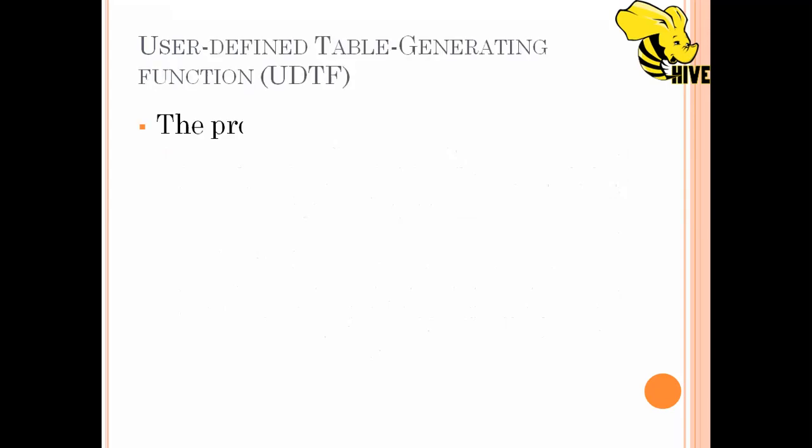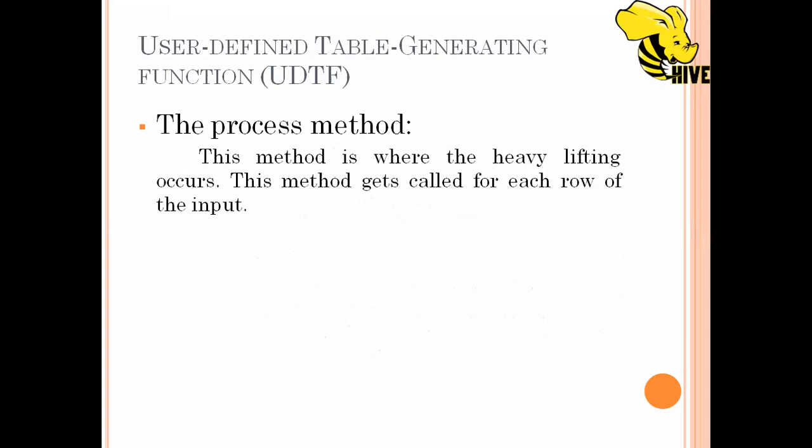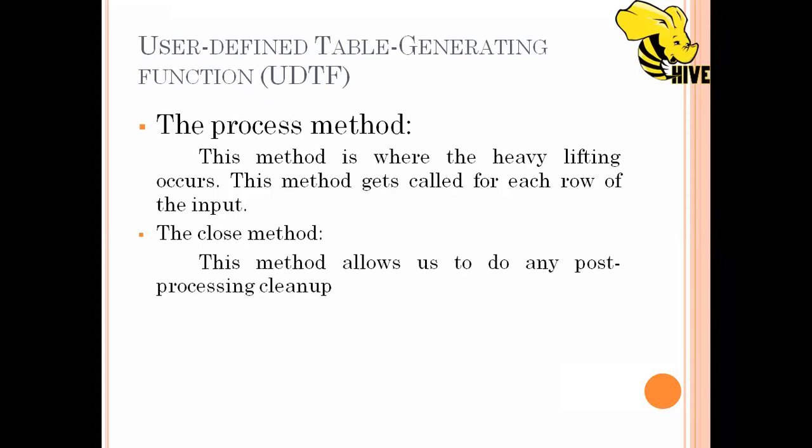So how is the process method going to be? The first one is the initialize method. The second one is the process method. This method is where the heavy lifting occurs. It gets called for each row of input. The last one is the close method, which allows us to do any post processing cleanup.